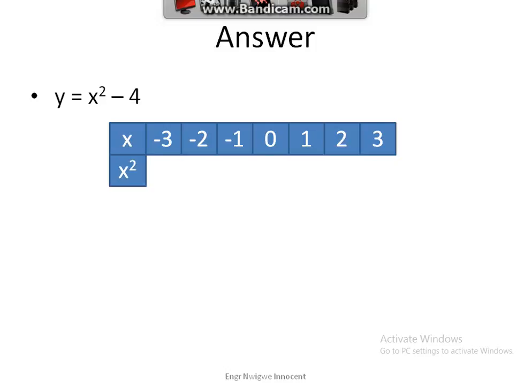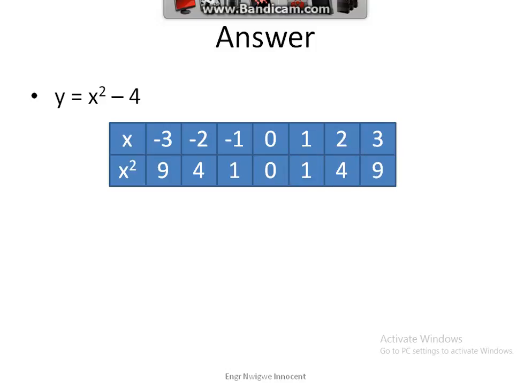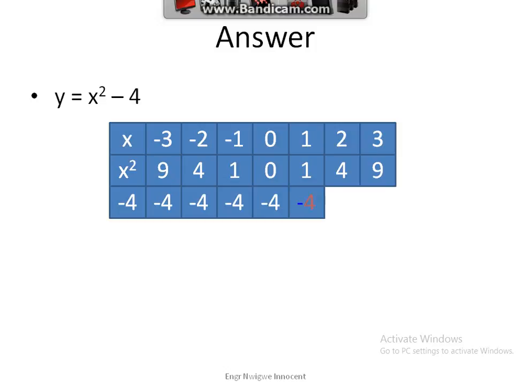We now find x squared. Whenever we see x, we replace it with the values of x. Therefore, minus 3 squared is 9, minus 2 squared is 4, minus 1 squared is 1, 0 squared is 0, 1 squared is 1, 2 squared is 4, 3 squared is 9. Then minus 4 is a constant, so we have minus 4 for every column.